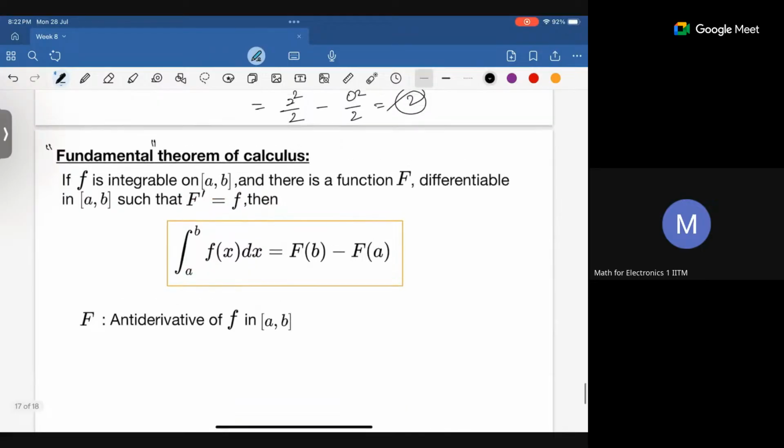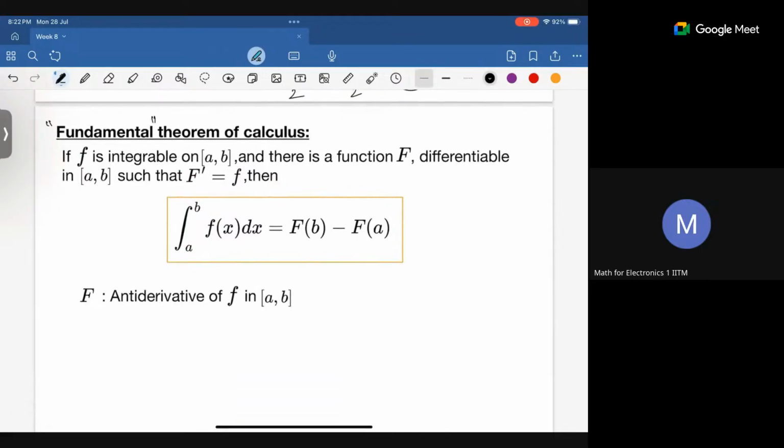Okay, and this capital F is called the antiderivative, right? So it's the opposite of derivative, kind of. When I take the derivative of capital F, I will get small f.